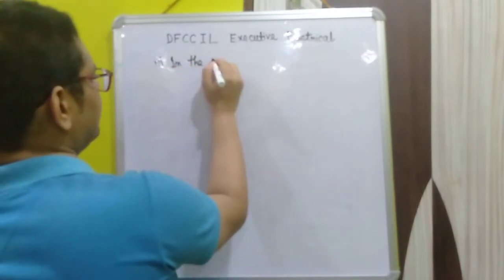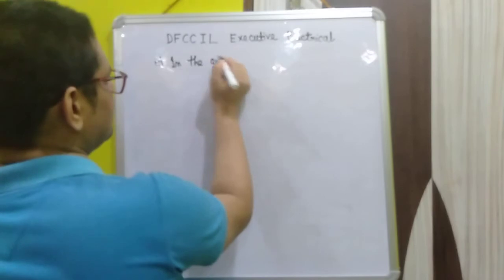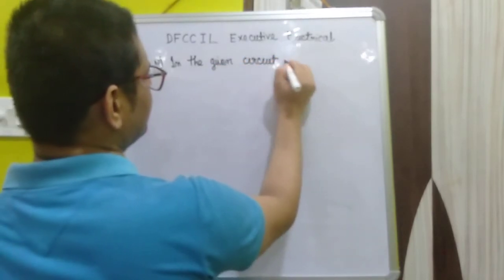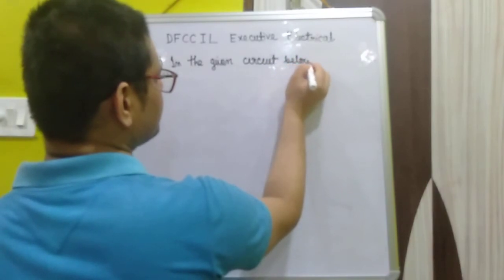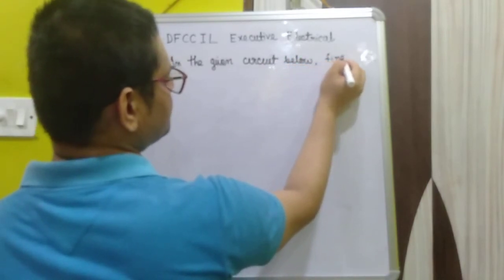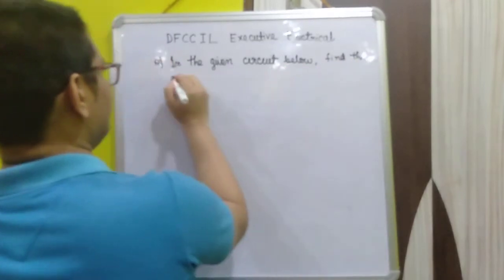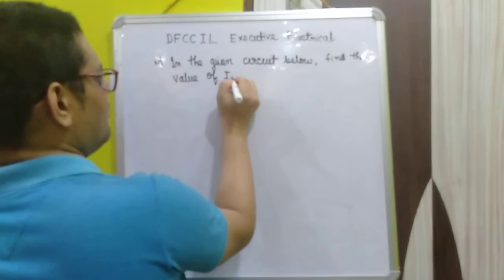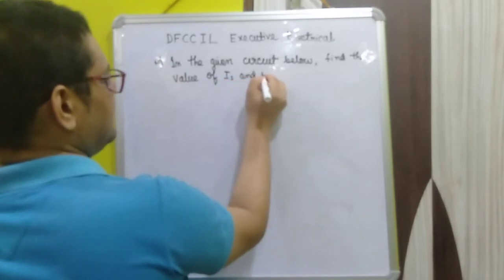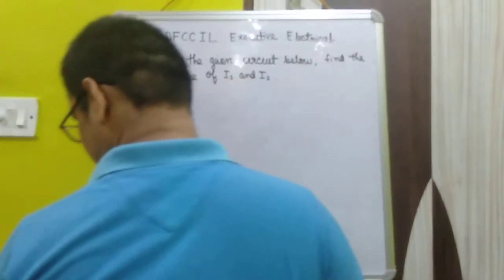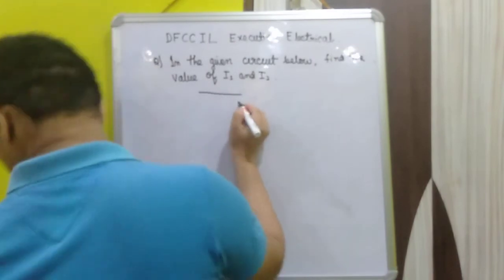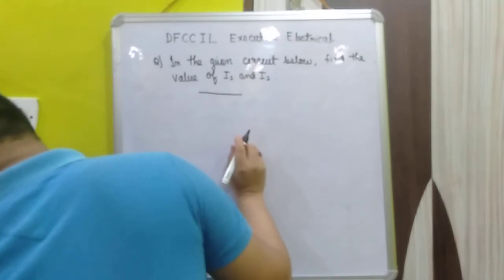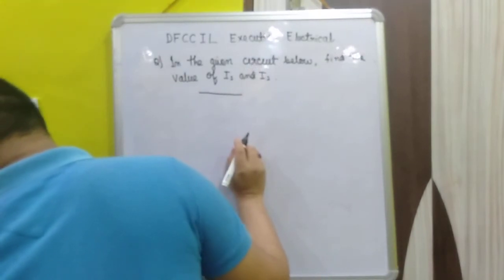The circuit is given here. Let us check the circuit below and find the value of I1 and I2.